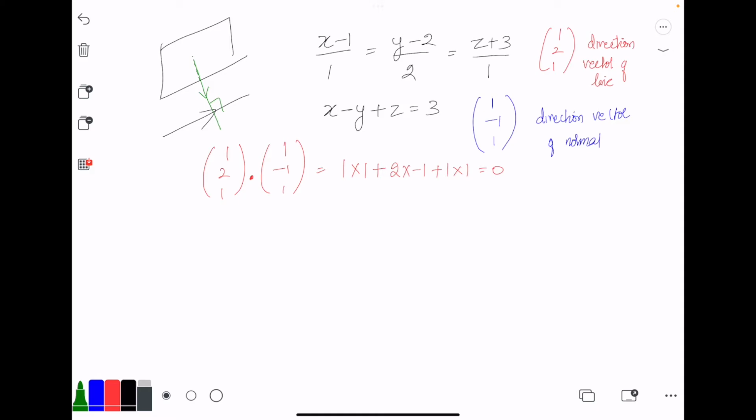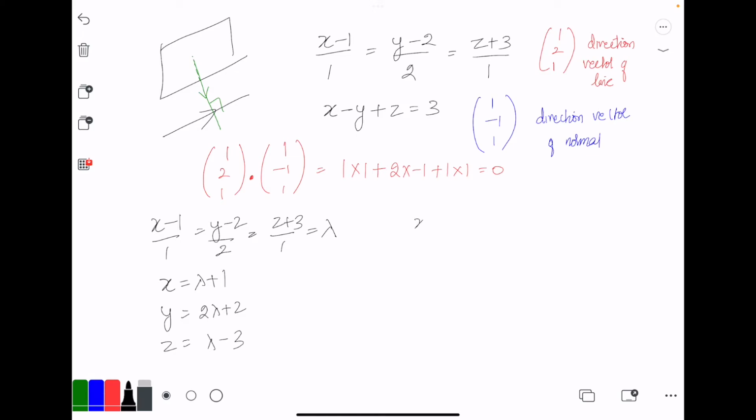So how do we check that? By the same process. We assume all of this is equal to a lambda, and we obtain the values for x, y and z in terms of lambda.